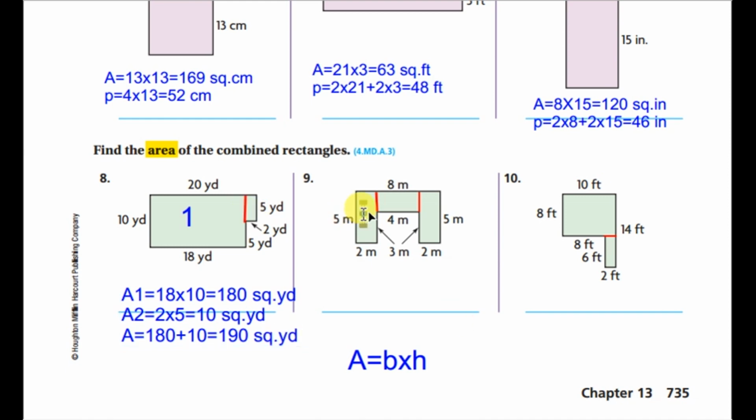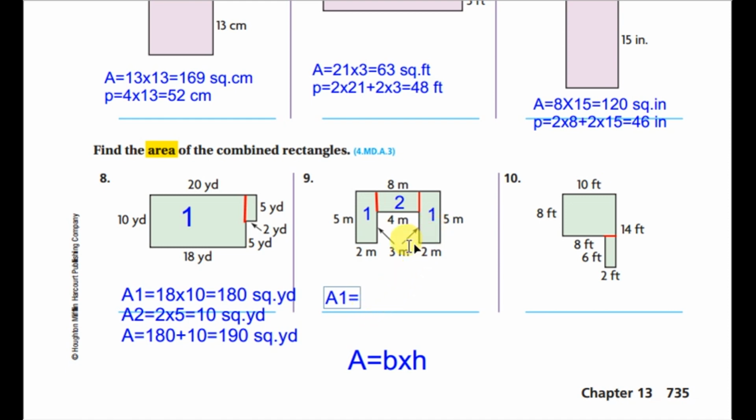So this is area number 1, and this also is area number 1, it's similar, and this is area number 2, because this one and this one are alike. So first, find area number 1, equal B times H. What is the B?